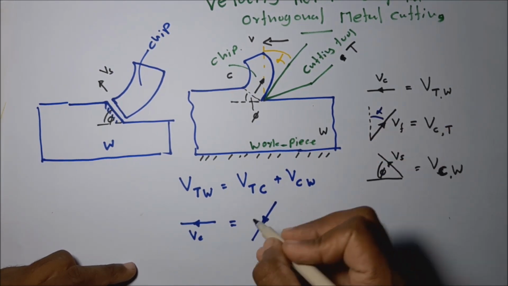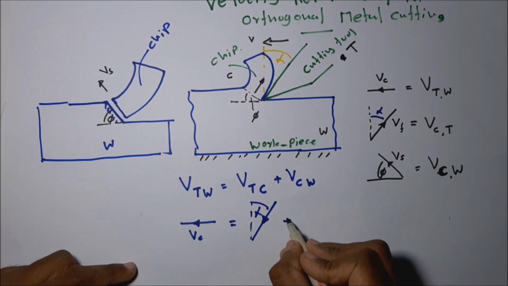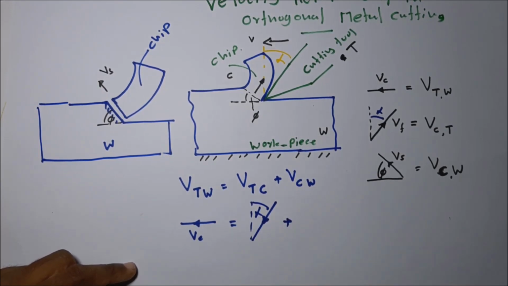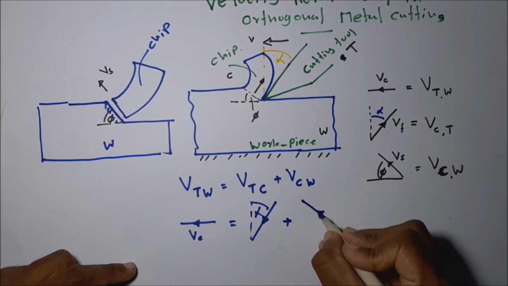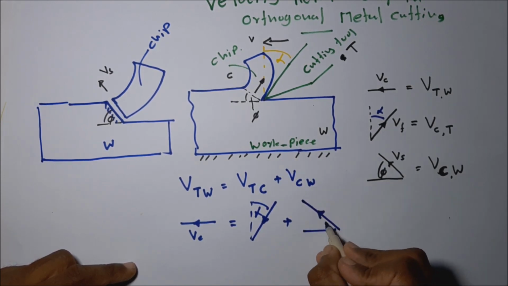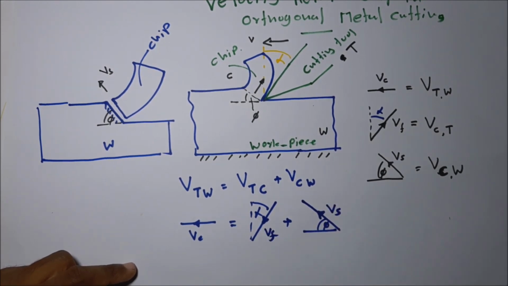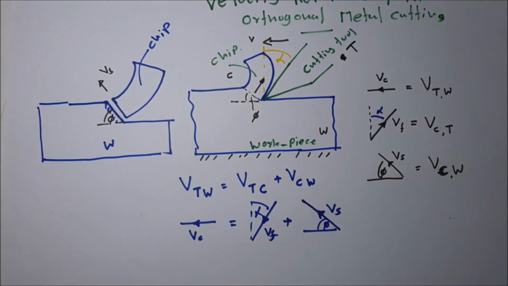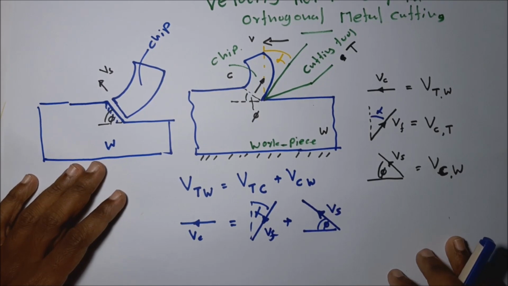This angle is alpha. Plus VCW that is in this direction, phi, Vs, Vf. This is the vector addition. These velocity vectors we can represent in this way.